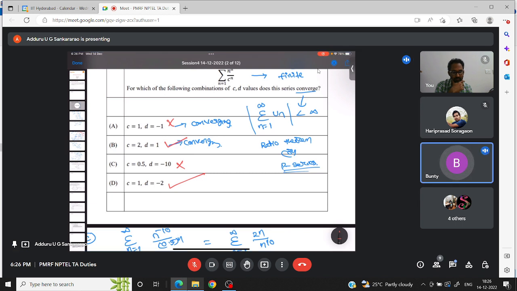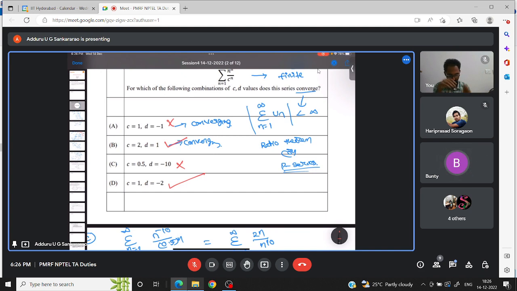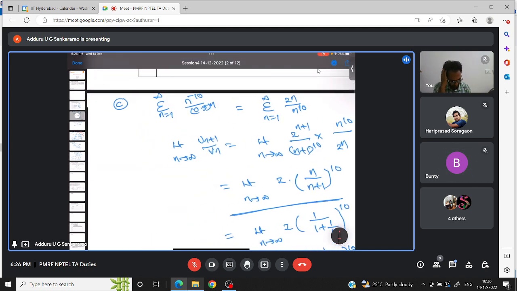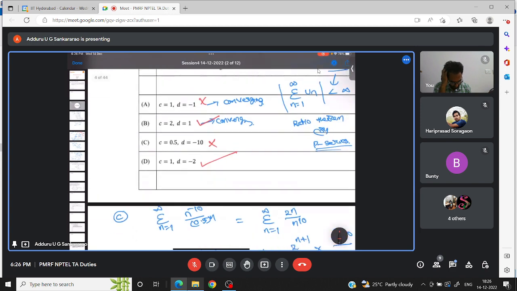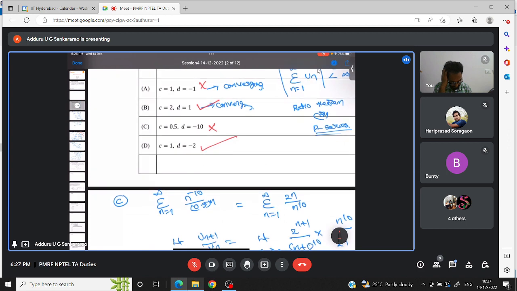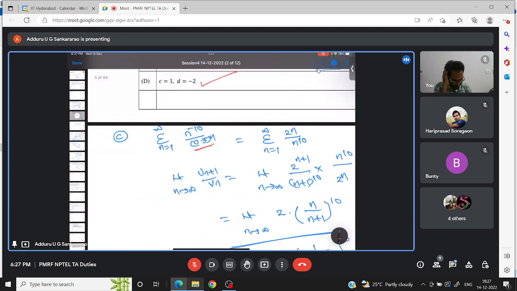Sir, can you explain the third option? Option C? Yes. Option C, this one, right? N power minus 10 by 0.5 power n. So I'm rewriting this. 0.5 power n means 1 by 2 power n. So 2 power n by n power 10.